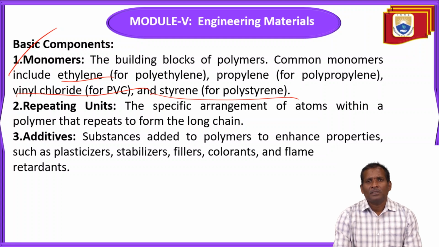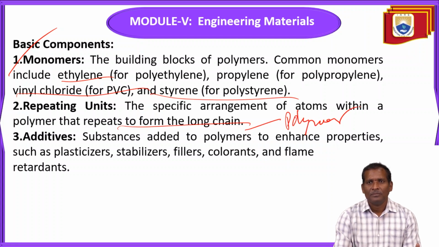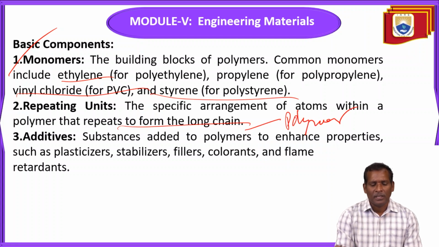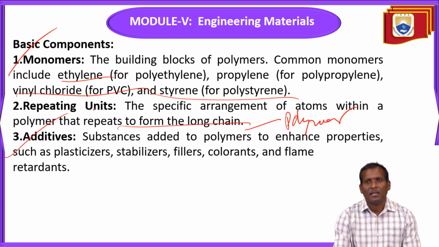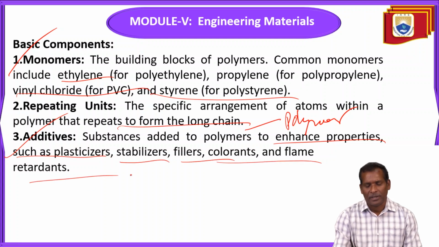Then the repeating units: the specific arrangement of atoms within a polymer that repeats to form the long chain. The long chain gives the polymer. Additives are substances added to polymers to enhance properties, such as plasticizers, stabilizers, fillers, colorants, and flame retardants.